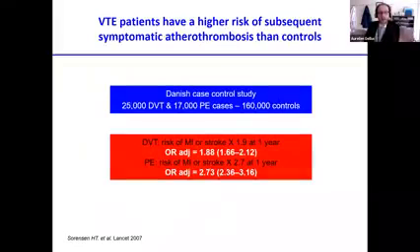A few years later, there was this publication of a Danish cohort case control study, 25,000 DVT cases, 17,000 PE cases, and 160,000 controls.